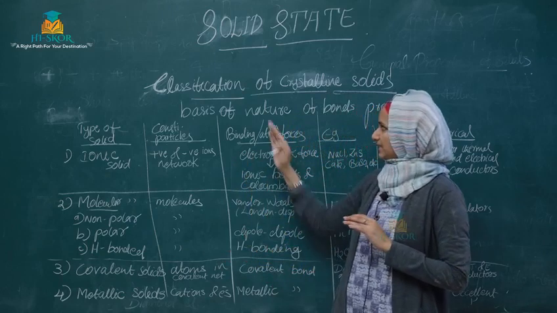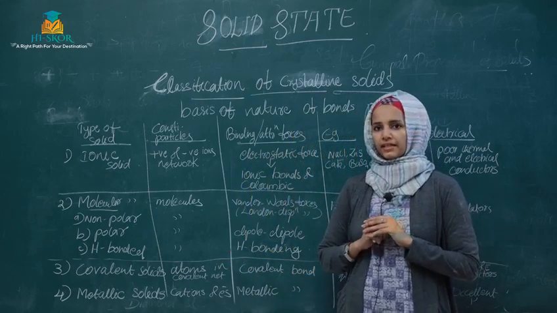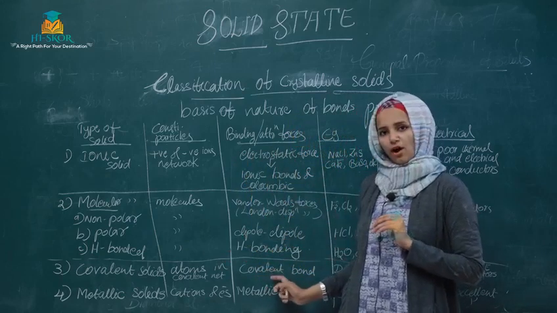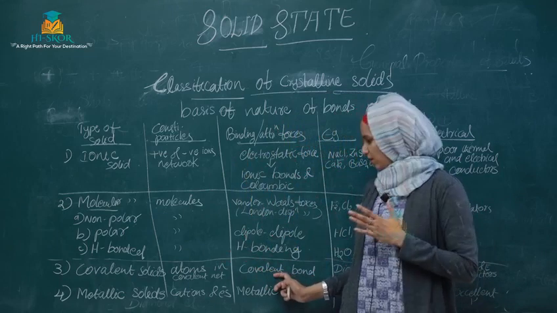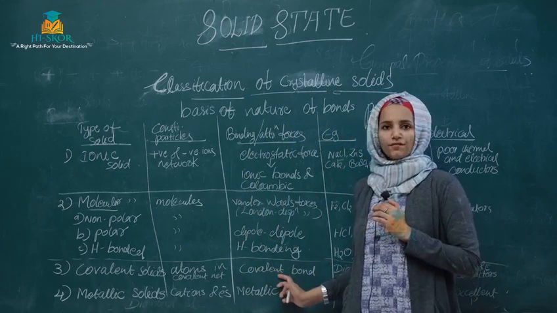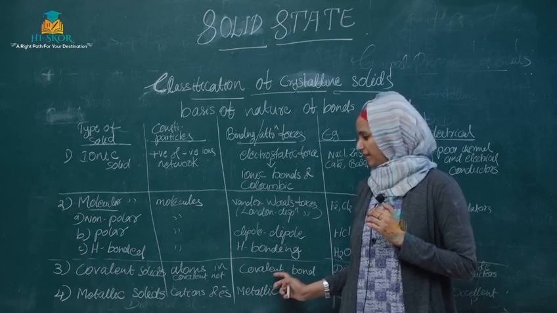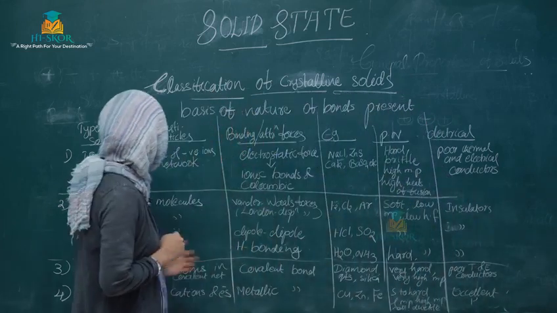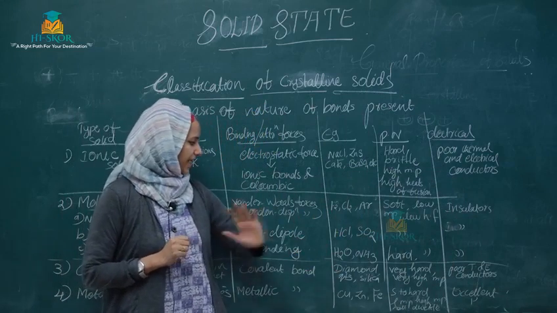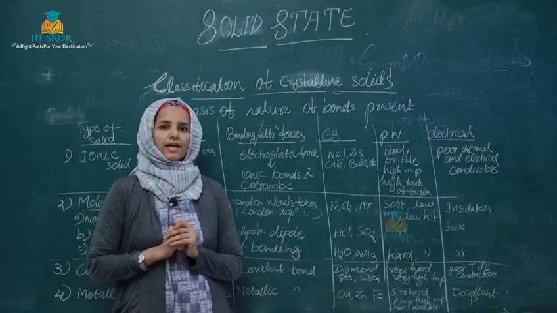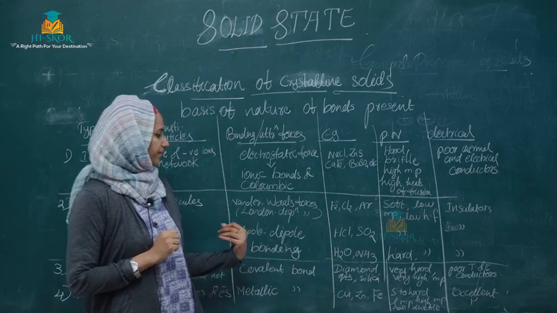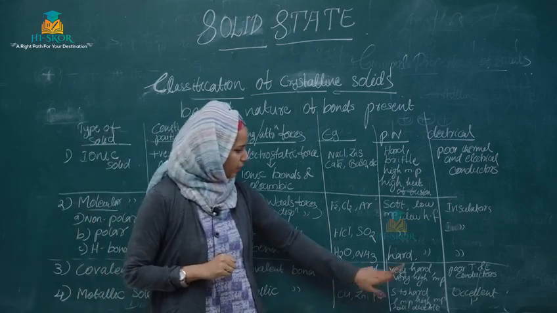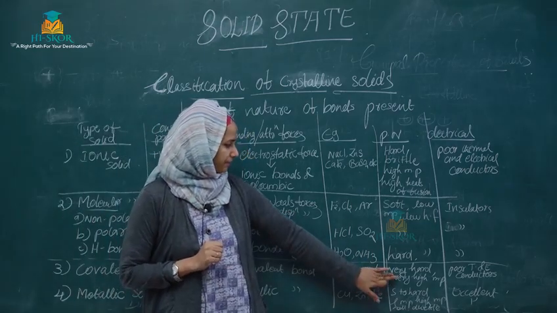Then what is the type of bond present here? Here the bond is the covalent bond itself, the bond formed by the sharing of electrons. Some examples of covalent solids are diamond, quartz, silica, etc. And what about their physical nature?